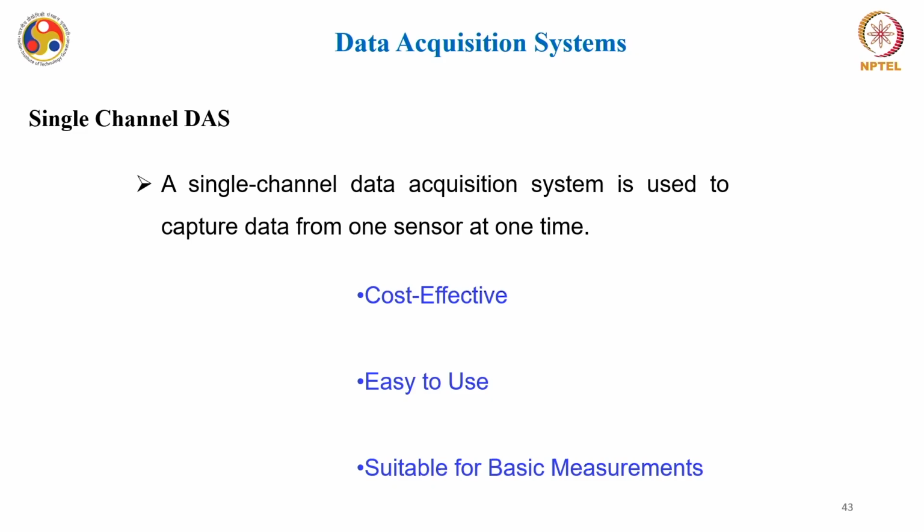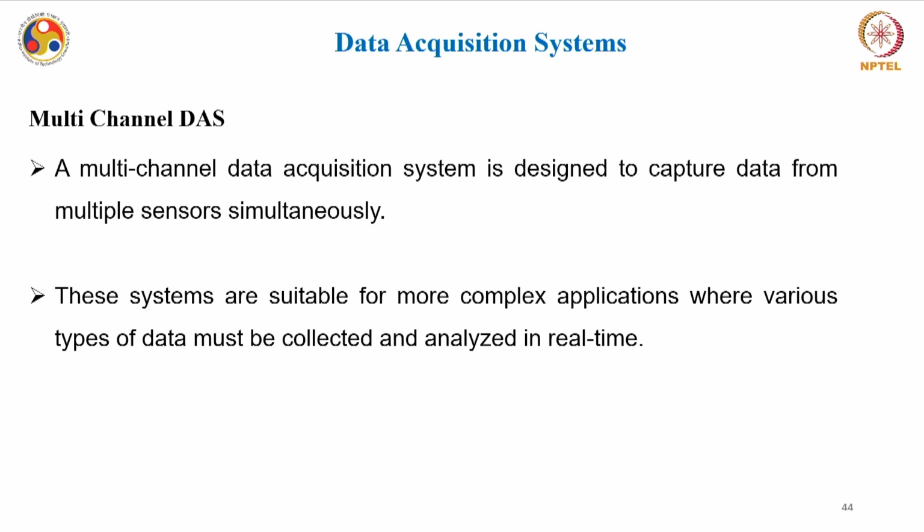So, the system is very simple, cost effective, easy to use and suitable for basic laboratory measurements. However, multi-channel DAS are slightly more complex systems, designed to capture data from multiple sensors simultaneously.